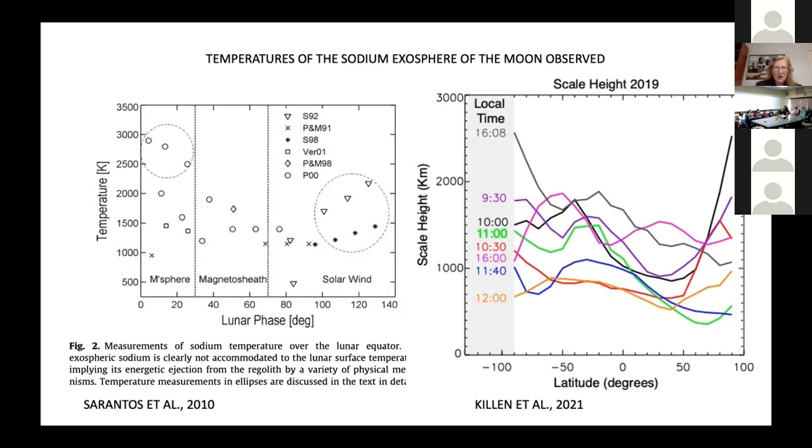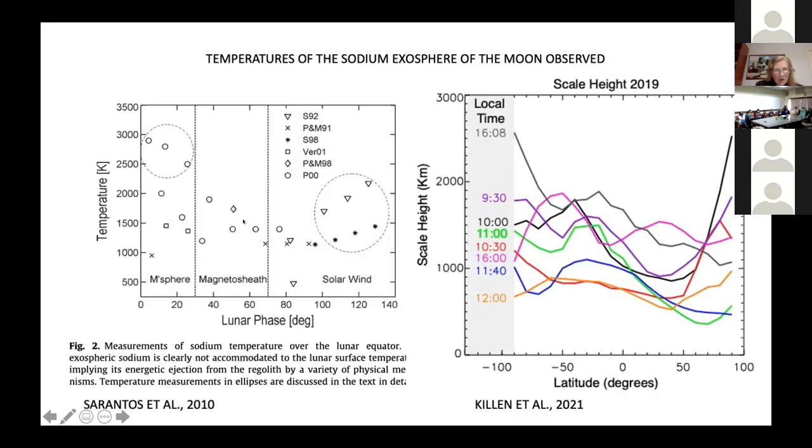And one thing I wanted to point out is that what I'm showing here is that the scale height, or the temperature, increases from noon to morning, and it also increases again from noon to dusk.